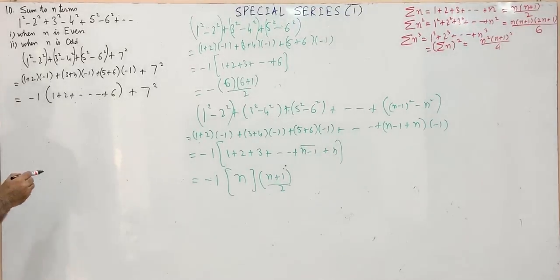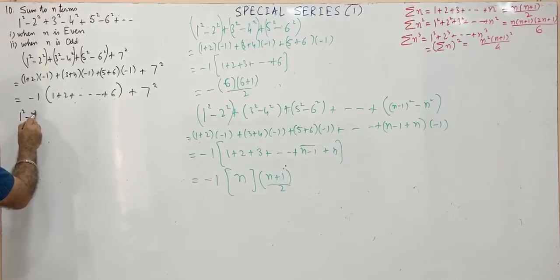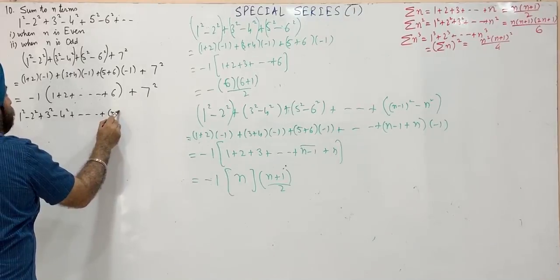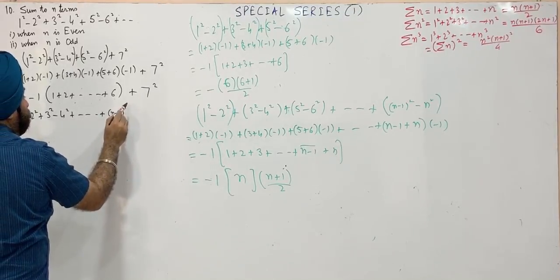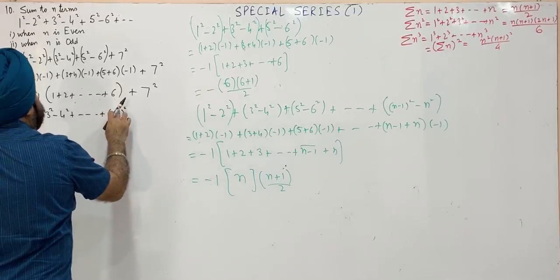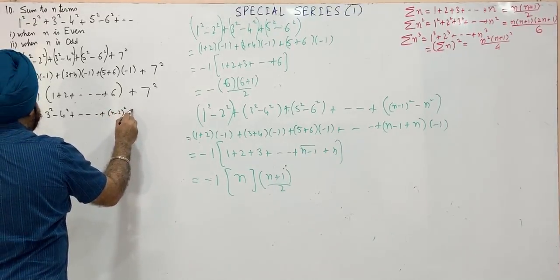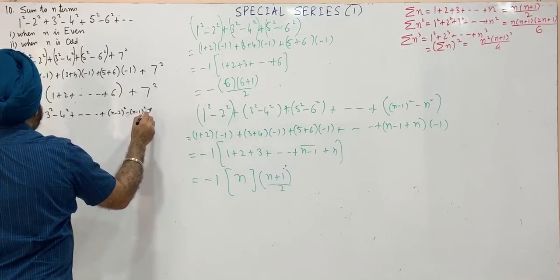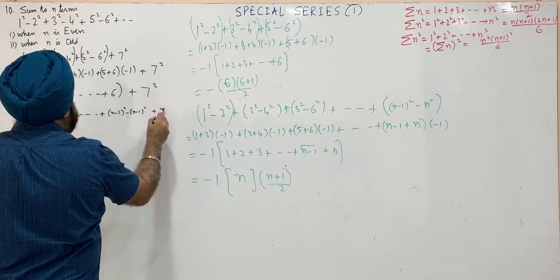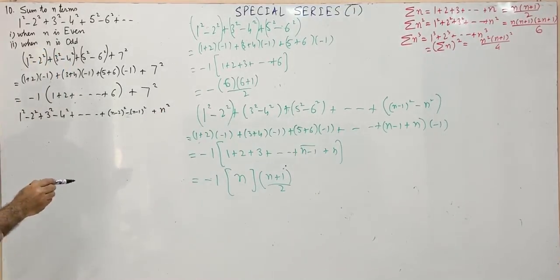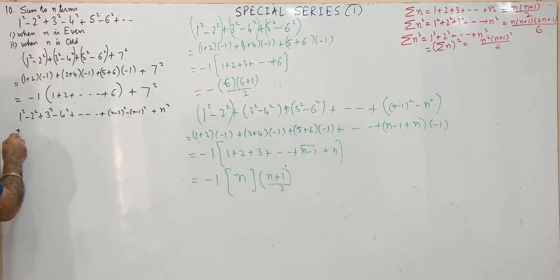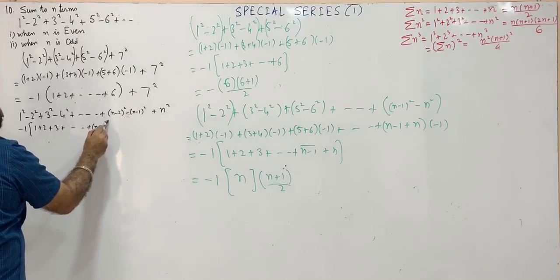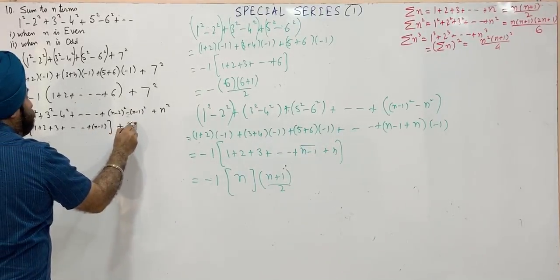And when there are n terms, we'll have 1 square minus 2 square plus 3 square minus 4 square and so on, up to n minus 2 whole square minus n minus 1 whole square, and next will be plus n square. And this can be written as minus 1 into 1 plus 2 plus 3 up to n minus 1, plus n square.